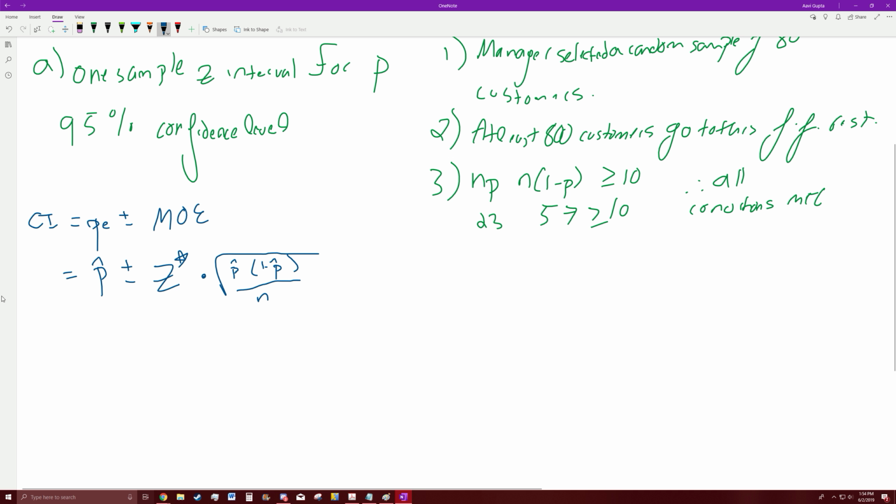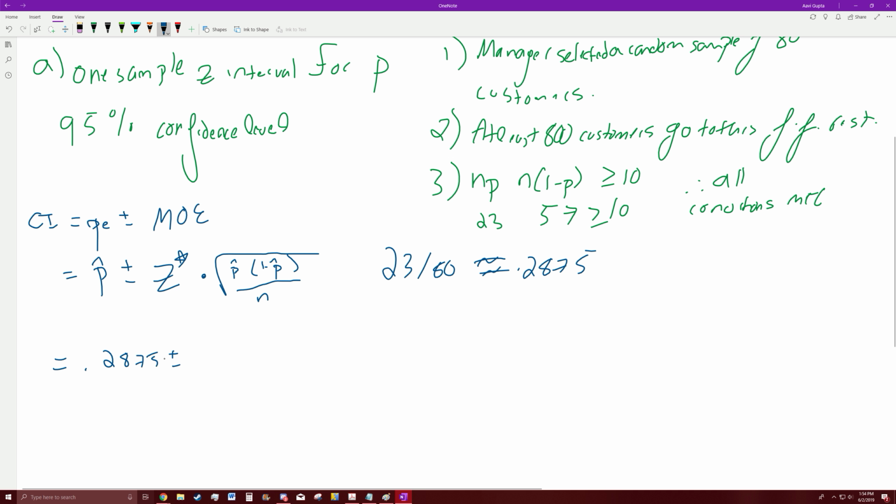So our p hat is equal to 23 out of 80. I'm going to say this quickly on the side: 23 divided by 80 is 0.2875. I think that's actually exactly equal.